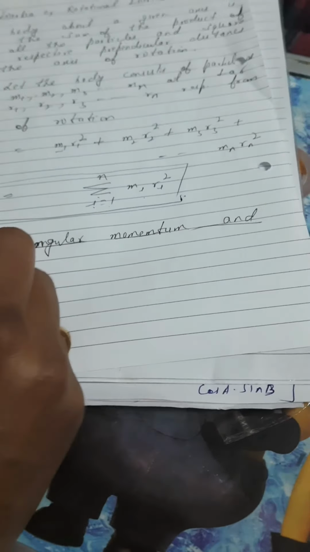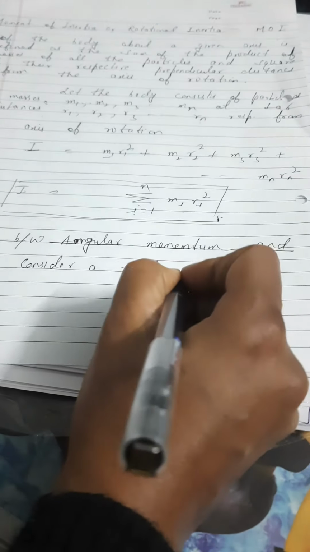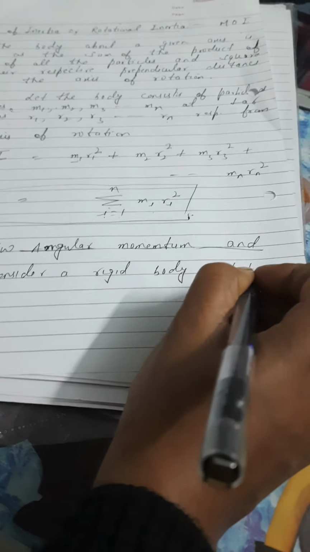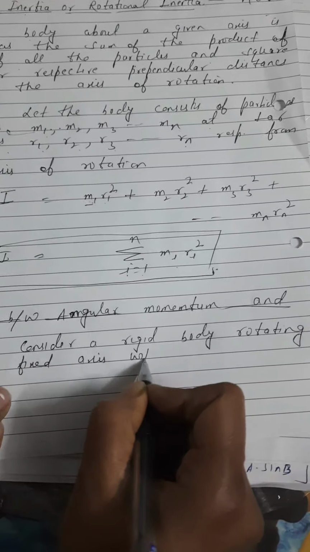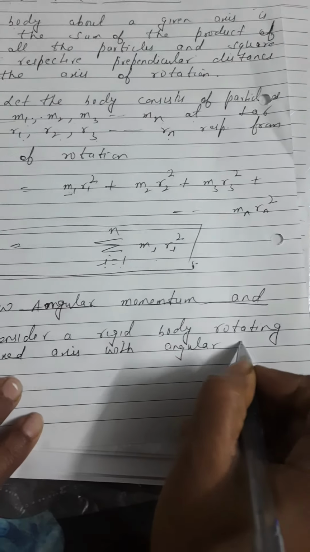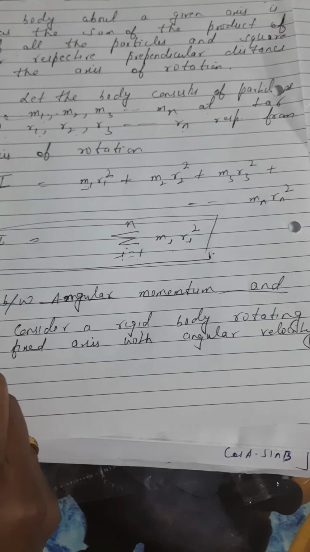So let us consider, you can write down, a rigid body rotating about a fixed axis with angular velocity omega.